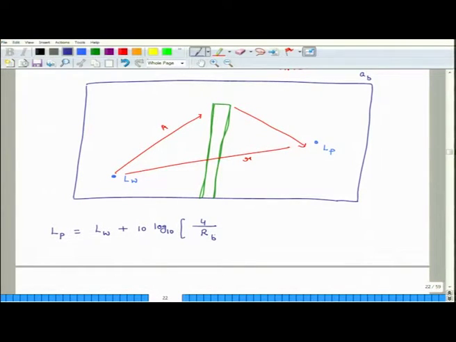So, I will call it RB, plus directivity of the source times AB plus AT. If all the sound was getting transmitted or diffracted, then this number will become 1, right, but only a fraction of it is going to the other end, divided by 4 pi times A plus B whole square, plus 0.1.